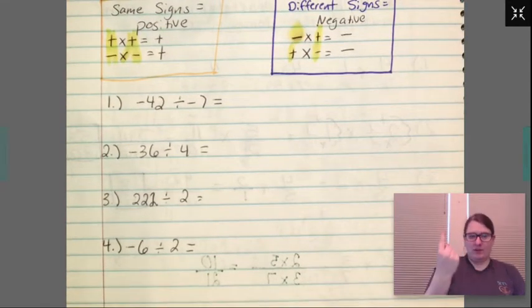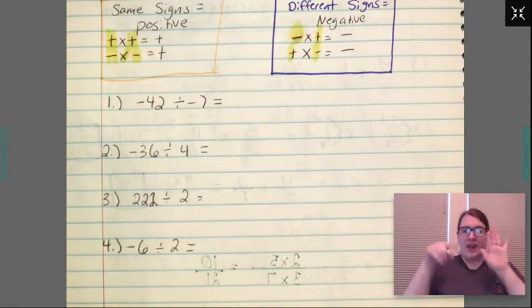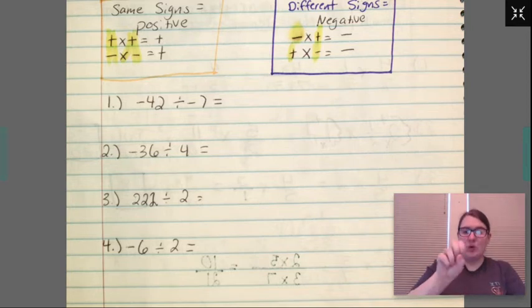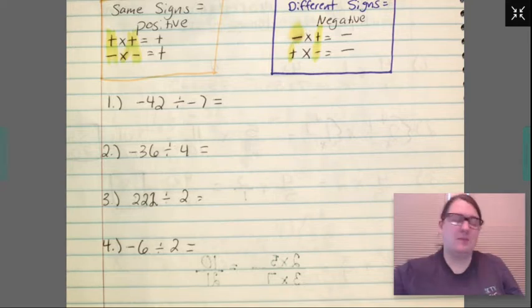Okay, for number 1, we have negative 42 divided by negative 7. All right, so I'm going to highlight my two signs to see, are they the same or are they different?